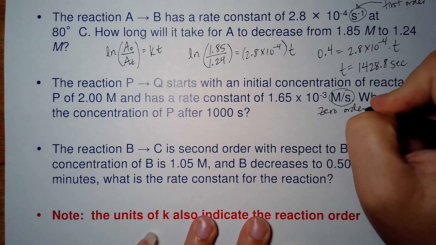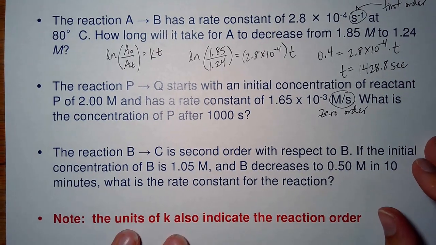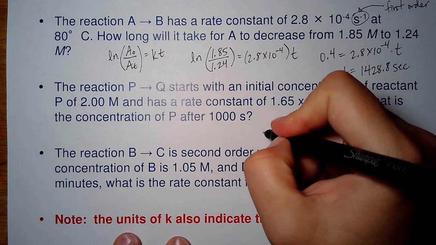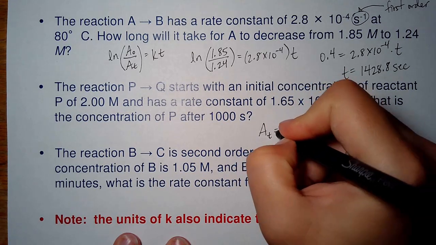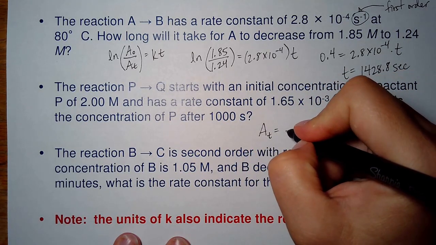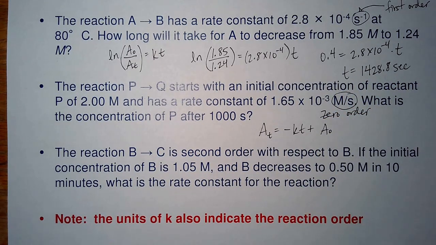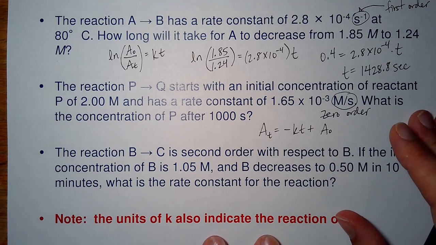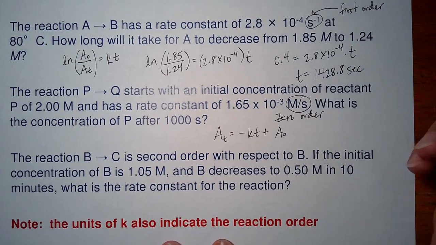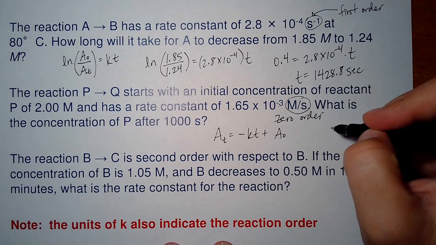Alright, so we have a zero order reaction. So that means AT is equal to negative KT plus A naught. Alright, so that's our equation. We're just going to fill in what we have. We're looking for AT.